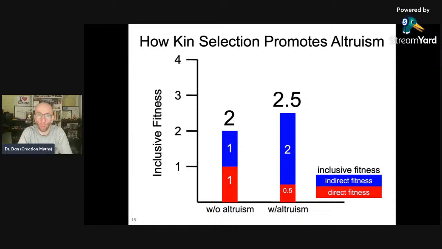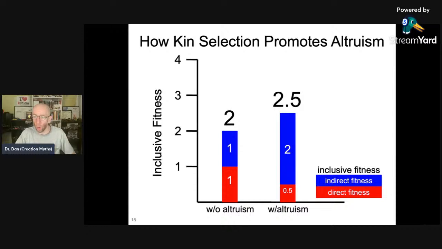Okay, so we're going to see over generations the increase in frequency of the altruism promoting alleles due to the indirect benefit exceeding the magnitude of the direct cost. And again, these are fake numbers. I'm just making up numbers to illustrate the point, but this is a schematic representation of the point.